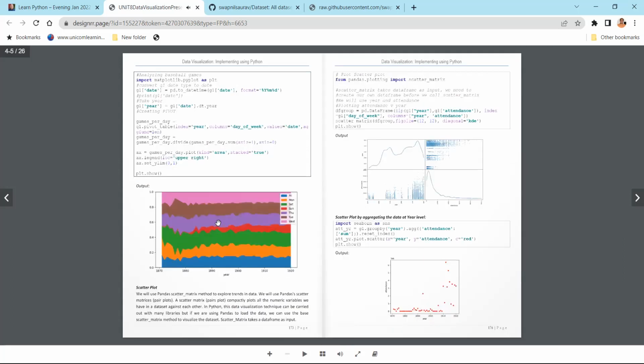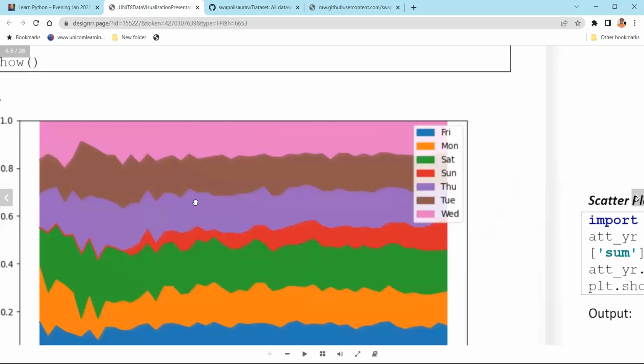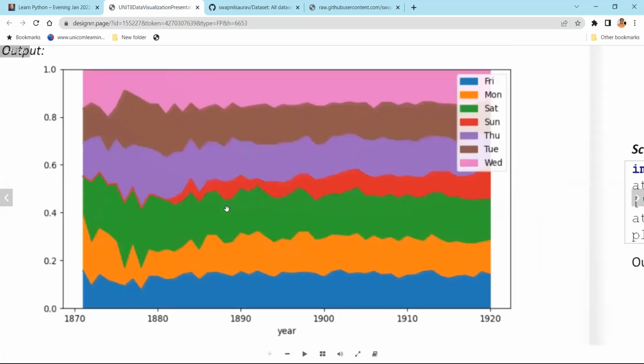Now this is a graph, an area graph, which talks about the number of matches that were played on that particular day of the week. See, from 1870 to 1920, you have 50 years of data here.